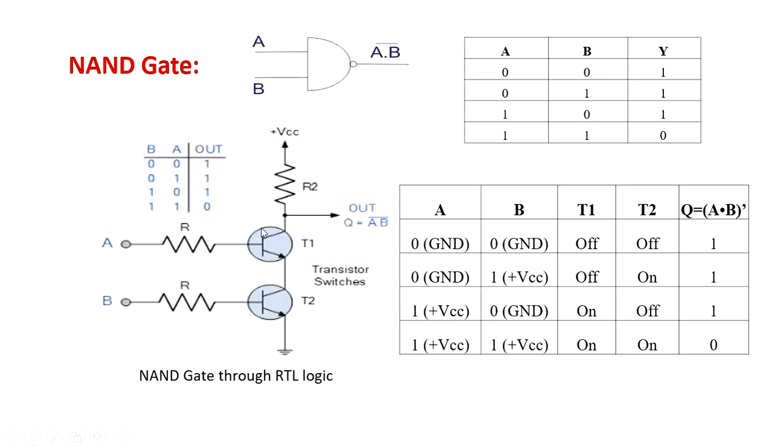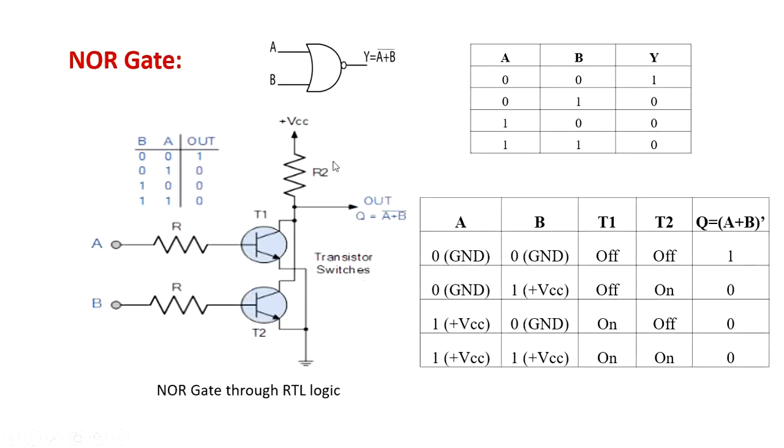Otherwise, if any of these two or both are off, this out will be equal to VCC. See, both are off, then out equals VCC. If any one of these is off, then it equals VCC. Otherwise, it equals 0.